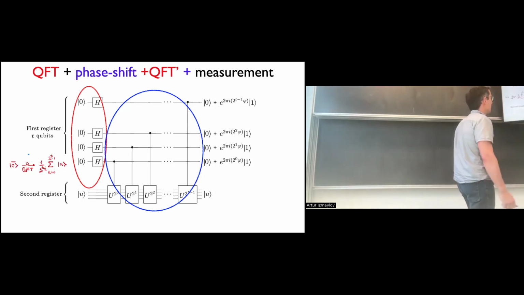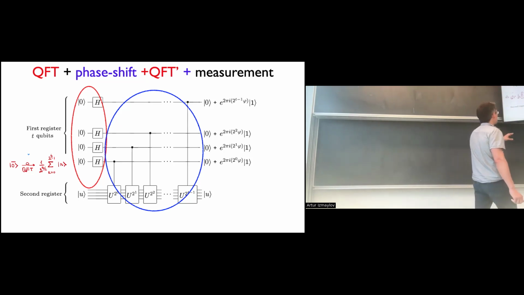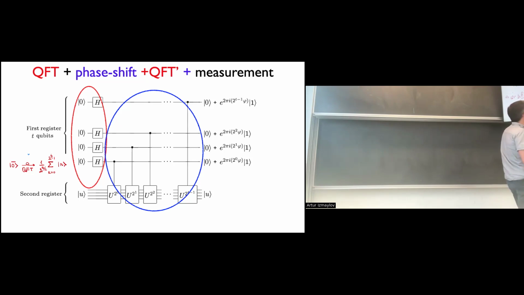So that's all it is. Now, why this is a Fourier transformation, even though they don't put QFT, which I think would be nice. If I were writing the scheme, I would say this is a QFT, then phase shift, and then inverse QFT, and then measurement, right?